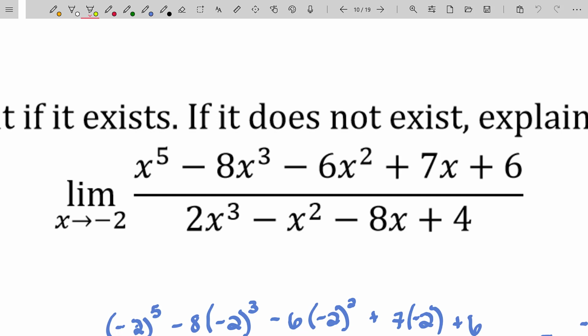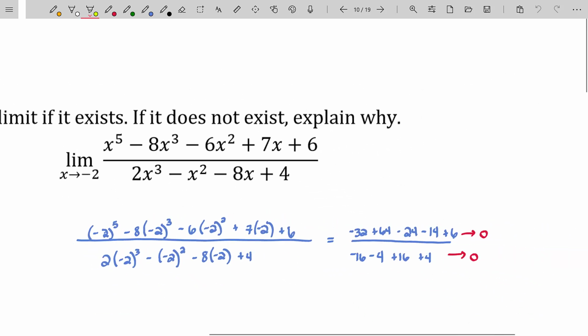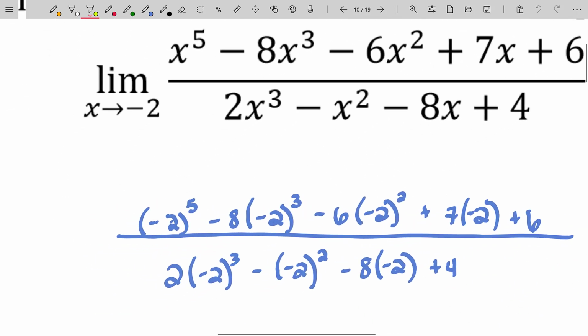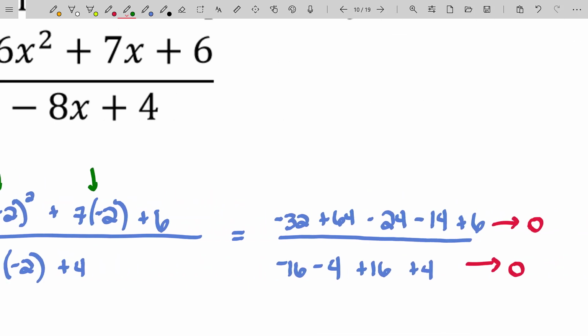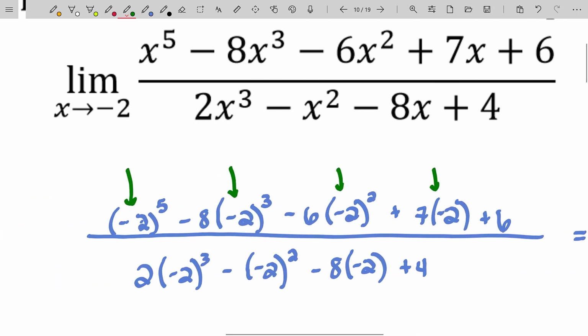One thing the factor theorem told you is that if you plug a value, in this case -2, into your polynomial, and we're just going to focus on the numerator for right now, and the numerator becomes 0, that means that x minus that -2 is a factor.